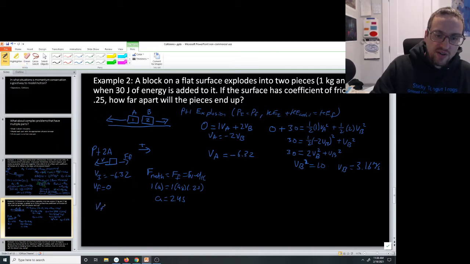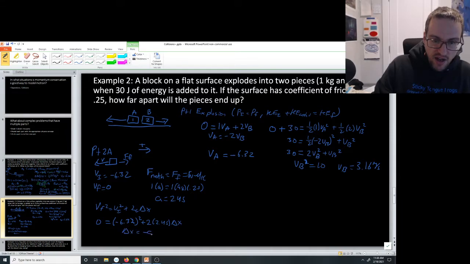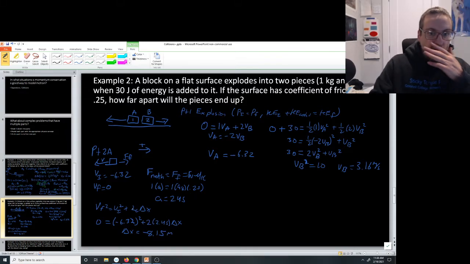I want to do V final squared equals V initial squared plus 2A change in X. 0 equals negative 6.32 squared plus 2 times 2.45 times change in X. And we're going to get change in X equal to negative 8.15. The fact that it's negative is good because it was going left, and my left was negative.